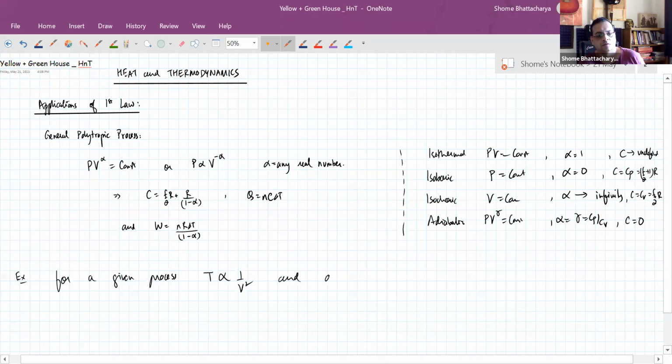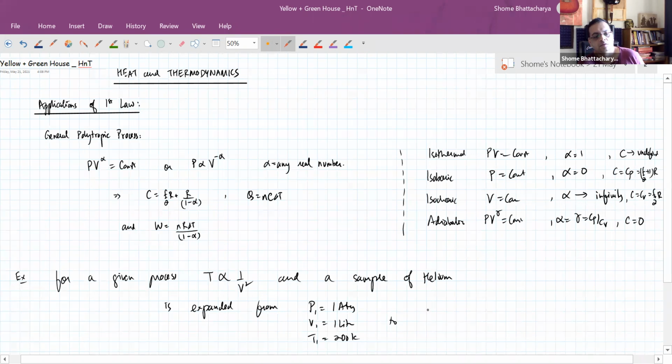And a sample of helium is expanded from an initial state like this to a volume of 2 liters.